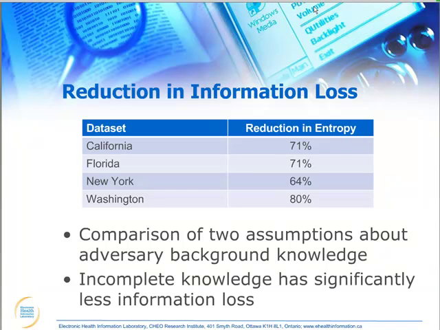As I mentioned before, there are a number of different assumptions one can make about the background knowledge of an adversary. The most conservative assumption is that an adversary knows all the level 1 data.